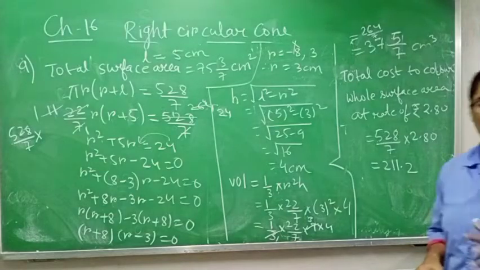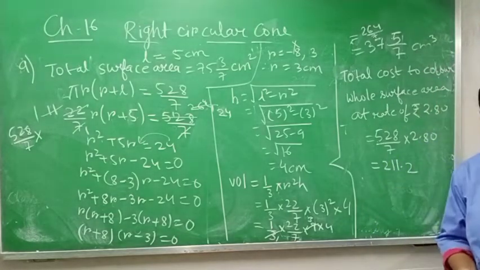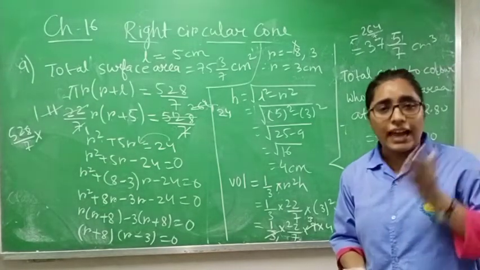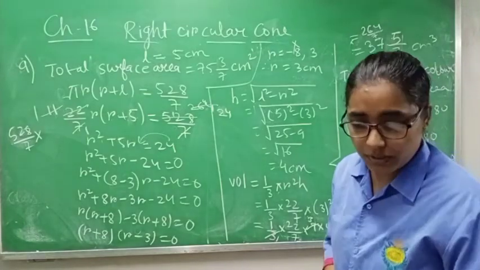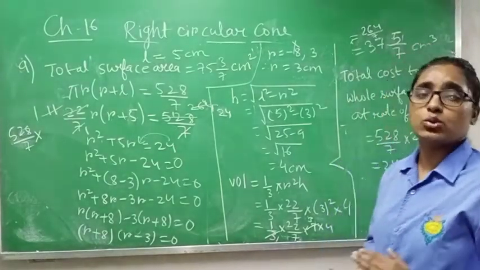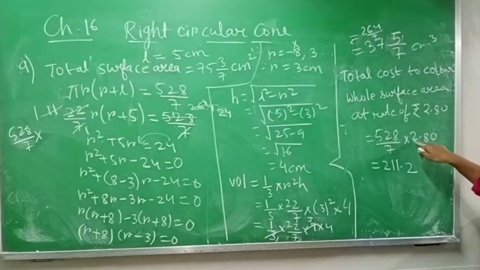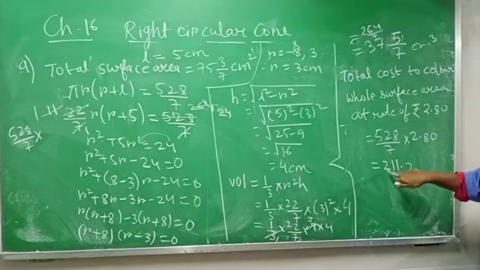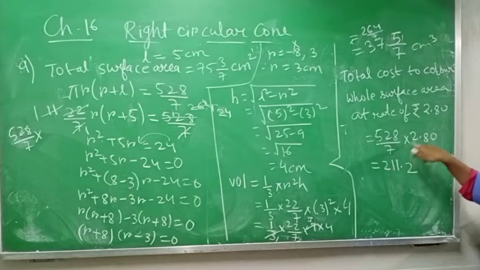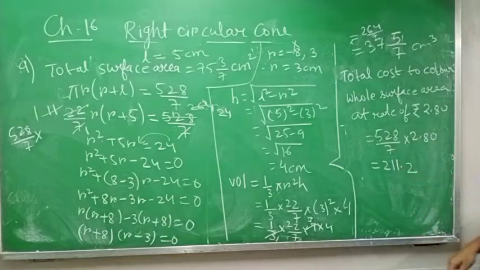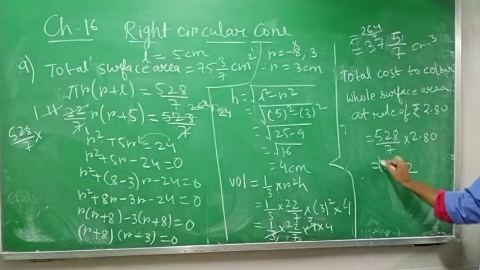Whenever they ask you total cost, what will you do? You will find the area and multiply that area with the rate per meter square or per centimeter square. So I am multiplying it by the rate per meter square, which is 2.80. When you solve this one, you will get 211.2. You have to cancel this one, and you will get this as the cost.